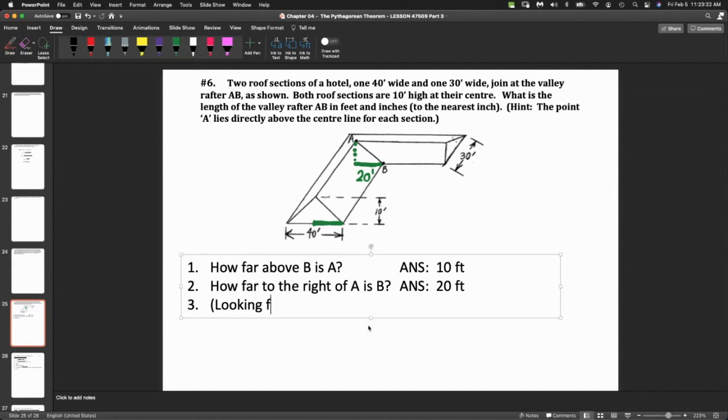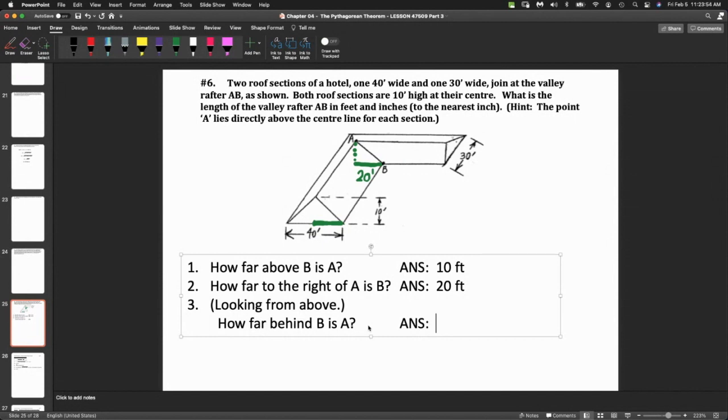Okay, this is a tricky one now. Looking from above. You have to think about it as you're looking from above. How far behind B is A? Maha, did you get the final answer?